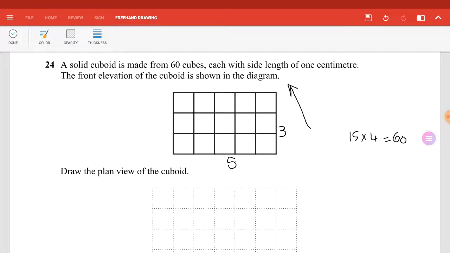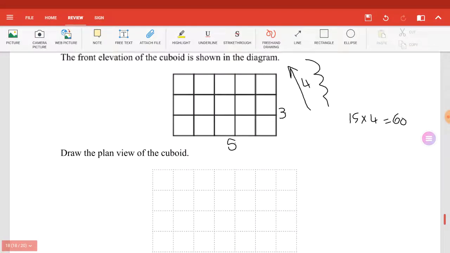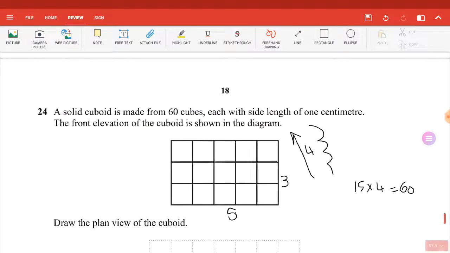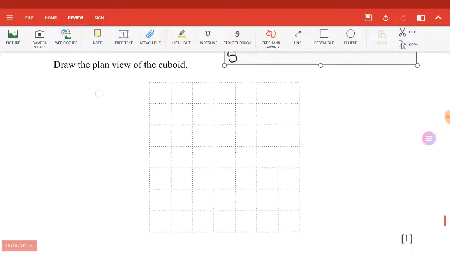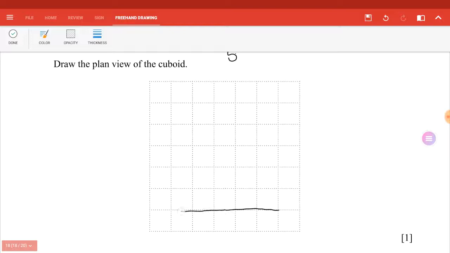So we need 4 cubes. Okay, he needs the plan view. The plan view will be 5 with 4. So it will be 1, 2, 3, 4, 5 with 1, 2, 3, 4, and the same as you see.